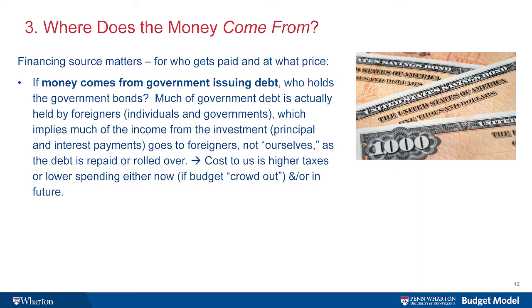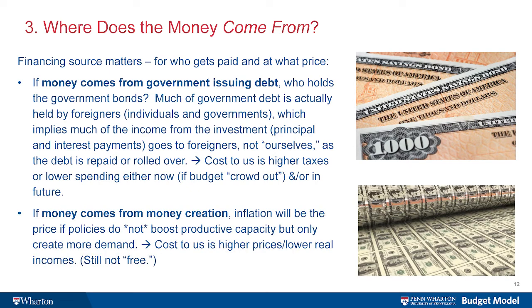Every year, we pay down certain debt and issue new debt. It's rolled over time. And the cost to us, the way we pay those costs is through higher taxes or lower spending, either now or in the future. So there's no such thing as free debt. It will have to be paid back in the form of future higher taxes or future lower spending.